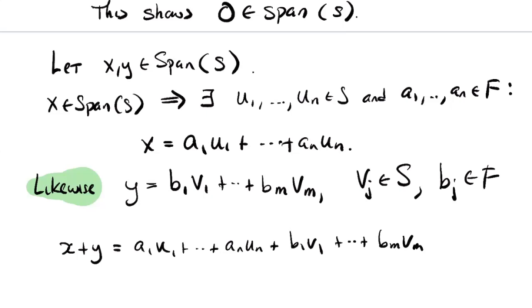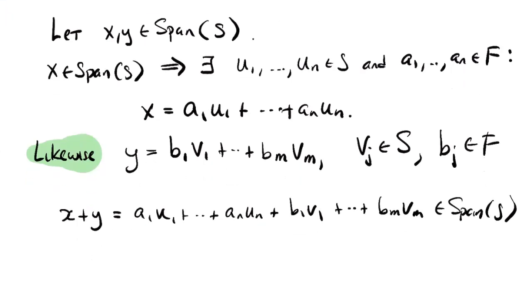The U's and V's are all in S. The A's and B's come from the field. This is an element of the span of S by definition. It's a linear combination of elements of S. Right, so the second part of the proof is something to keep in mind, that the sum of two linear combinations is a linear combination of elements of S. Good. All right, so that's the second condition.